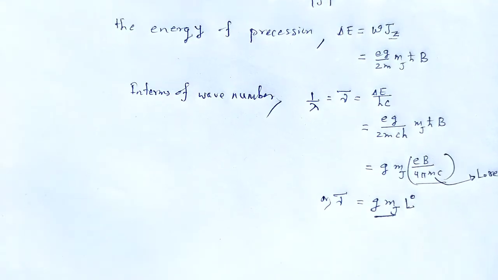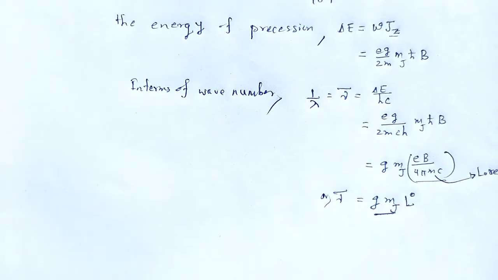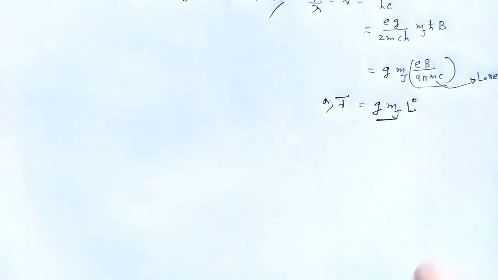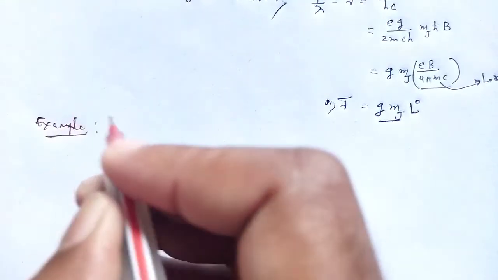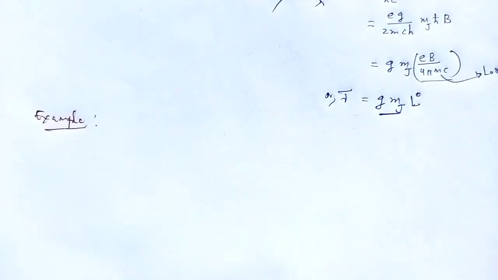Now we practically see, taking an example, how the transitions are carried out, so that we understand the anomalous Zeeman effect mathematically. Consider the splitting of the sodium atom.